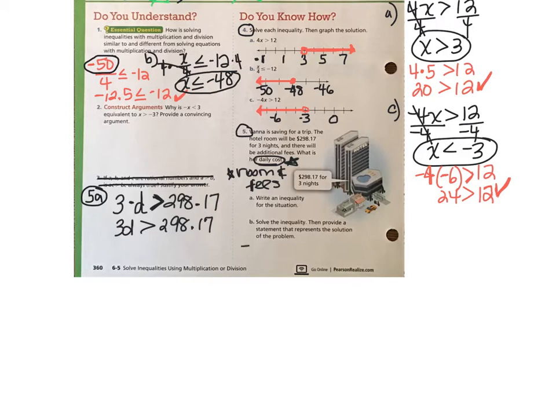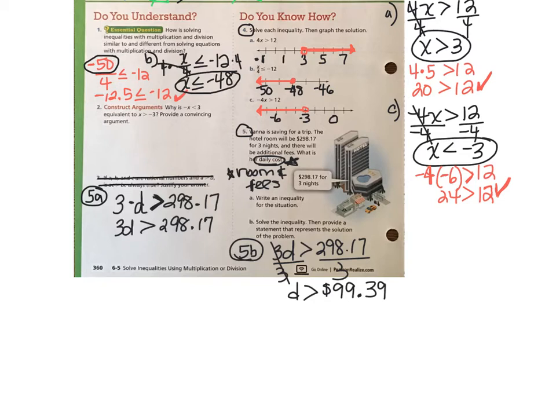In part B of this problem, we're going to go ahead and solve the inequality and then give a statement that represents the solution of the problem. So when I have 3D is greater than $298.17, I'm going to divide both sides by 3. Does that reverse the inequality symbol? And the answer is no. Because I'm dividing by a positive 3, I'm not going to need to reverse that inequality symbol. And what we know from solving this is that her daily cost had to have been more than $99.39.